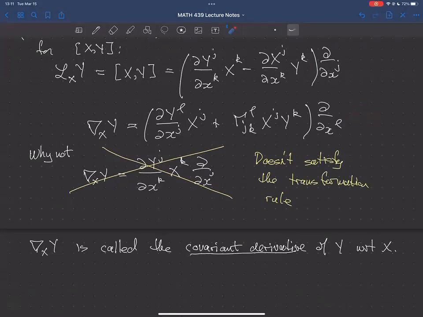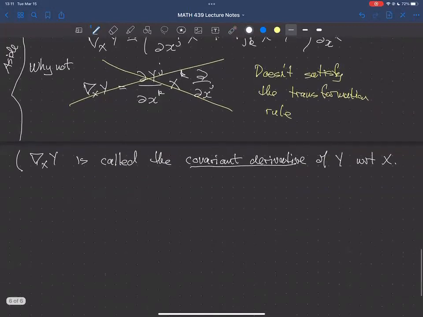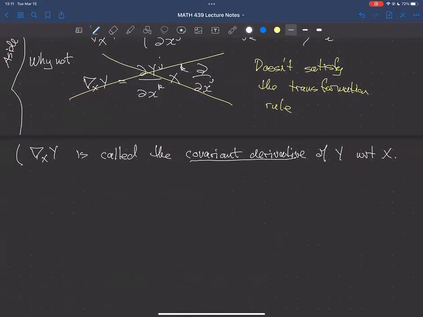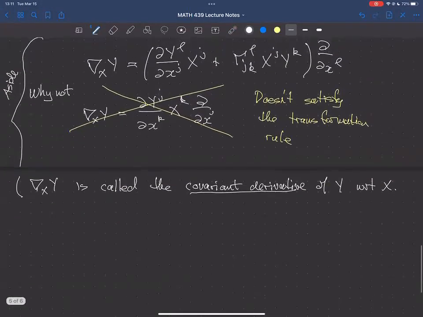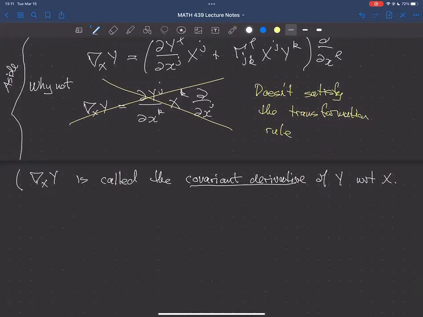So maybe for the sake of organization, let me put all this as an aside. An interesting aside, but still an aside for the purposes of what I'm talking about. Because what I'm really talking about is the Levi-Civita connection.